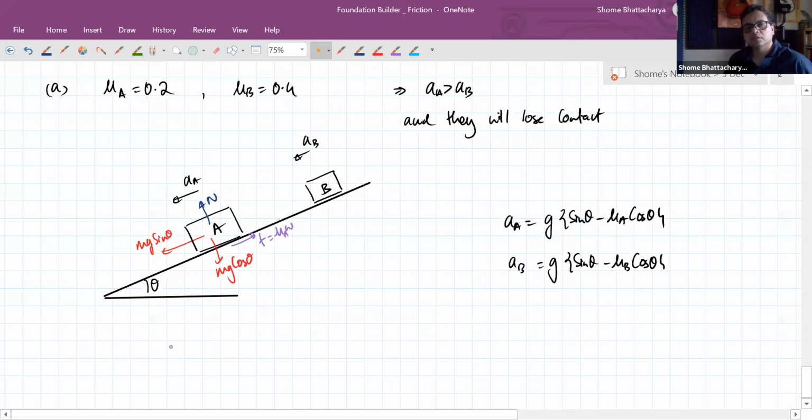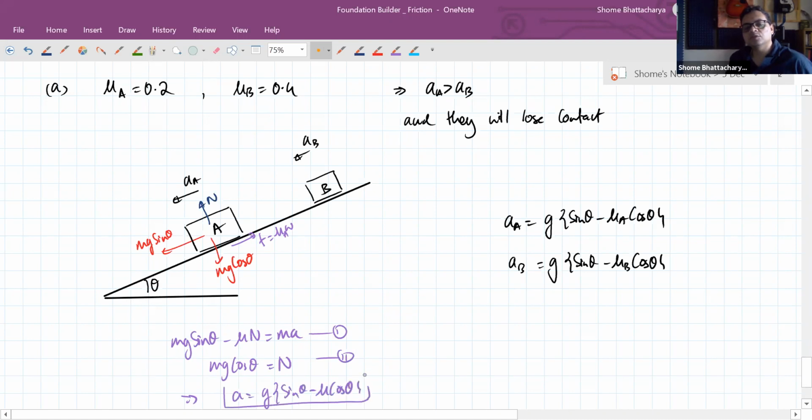so you can see that, solving equation 1 and 2, you get this formula. So in case you don't memorize this formula also, you can just compare these two equations and solve it.